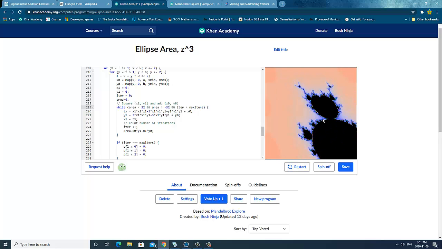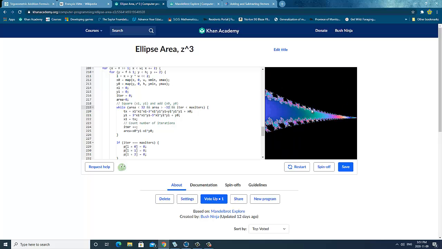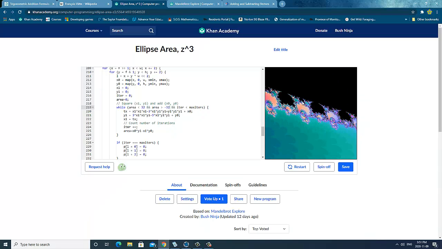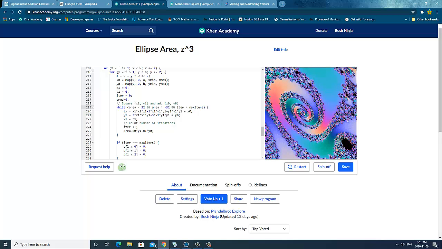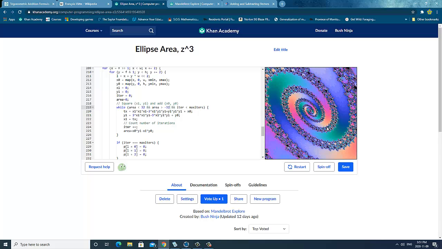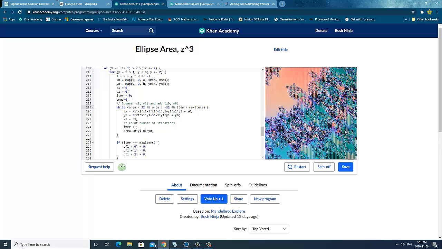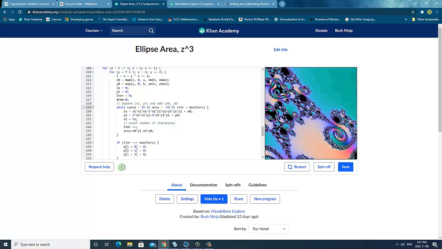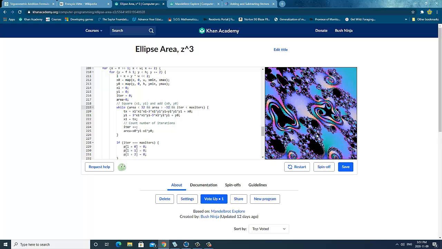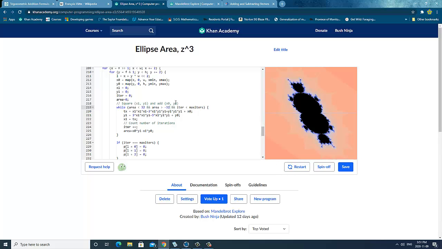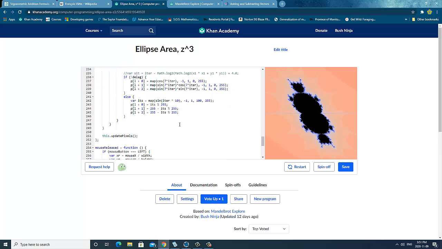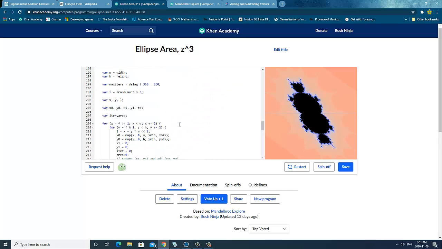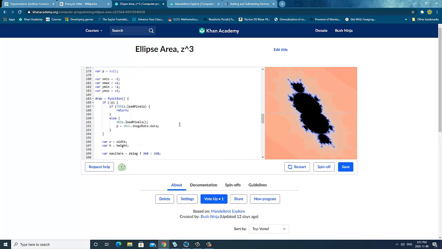Alright, anyway, we could still count these things and we get exactly how many we think we would get. Alright, so I went over colors and area. I don't think there's very much else for me to go over.